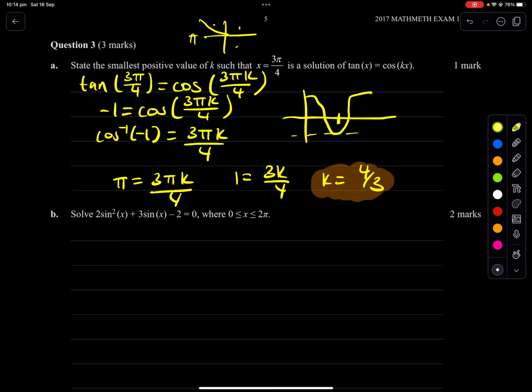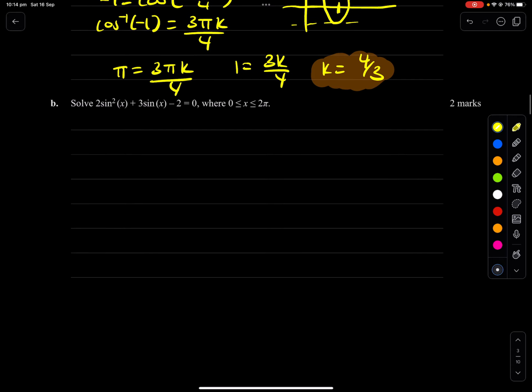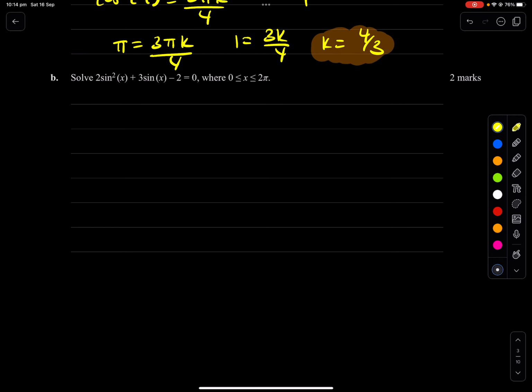Is that right? Yeah, it looks good. Solve this. Okay, straight away I know that I'm going to let u equal sine x. So it'll be 2u squared plus 3u minus 2 equals 0.